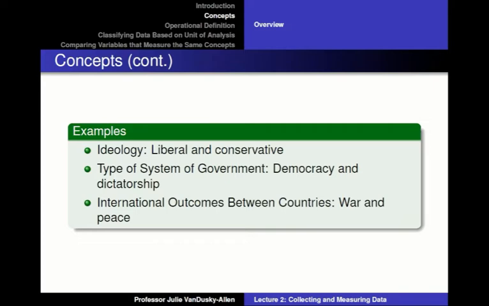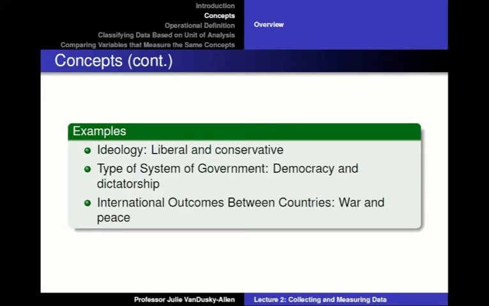Another example is war. Typically, in political science, we define a war as a violent conflict between two or more countries that results in 1,000 or more battle deaths. Certainly, there are issues with this definition, because a conflict with 900 battle deaths might be similar to a conflict with 1,000 battle deaths.